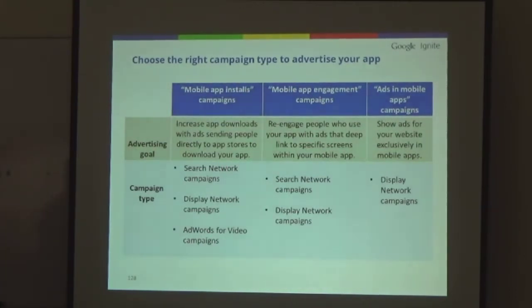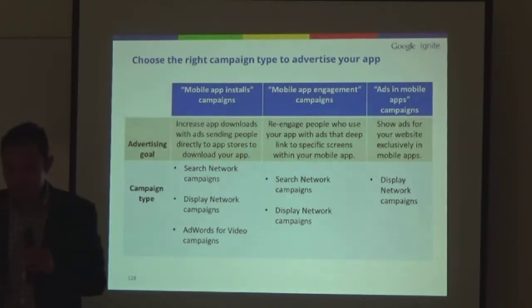It's quite straightforward here. Now, take note of this. If you want to show ads for your website exclusively in mobile apps, the campaign type that you should go for is the Display Network. That goes with mobile app engagement here.